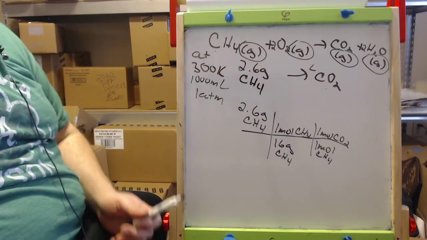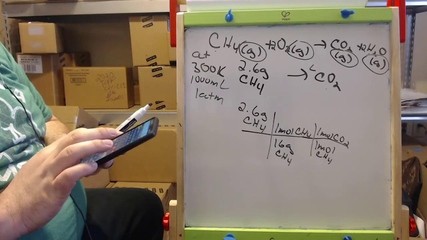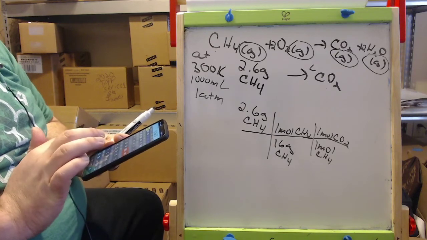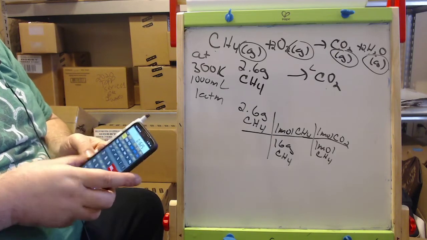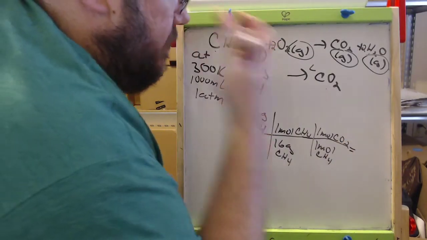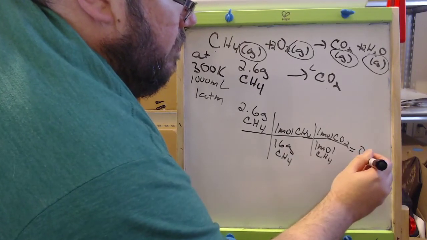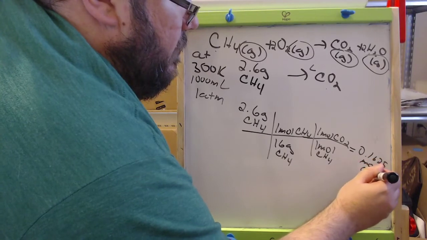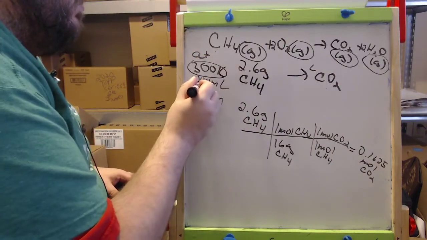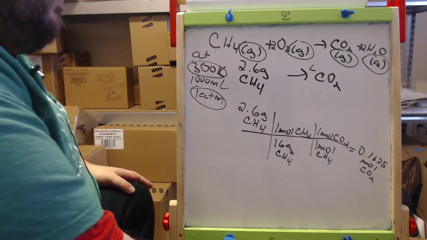We do the math and figure out how many moles of CO2 we have. 2.6 divided by 16 is 0.1625. I should have realized that. So 0.1625 moles of CO2. But we didn't ask for moles, we asked for liters. And that's where all of this information comes into play.